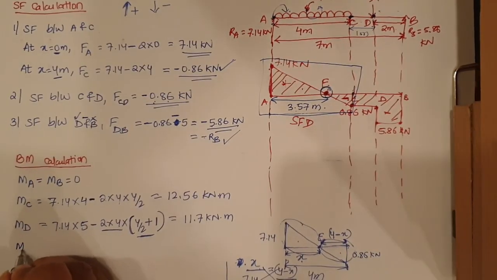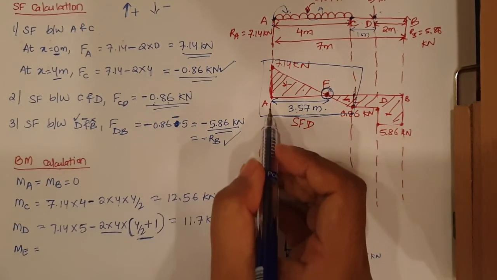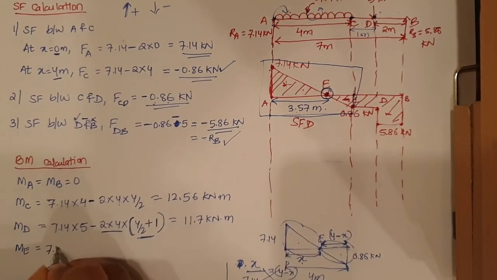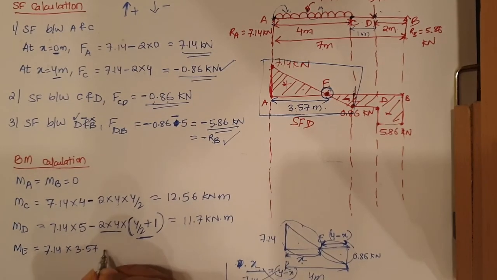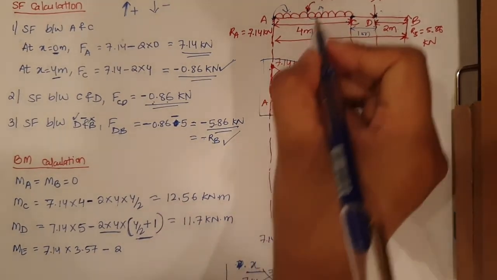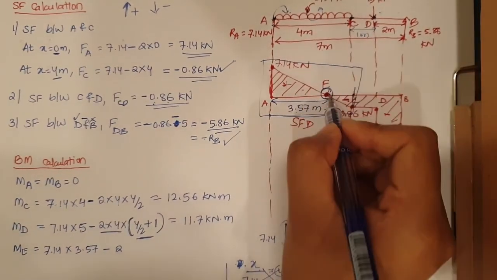Let us find the moment at E. It will be equal to 7.14 into the distance 3.57, minus the UDL. Again, the UDL is on the side of E. Where is E?